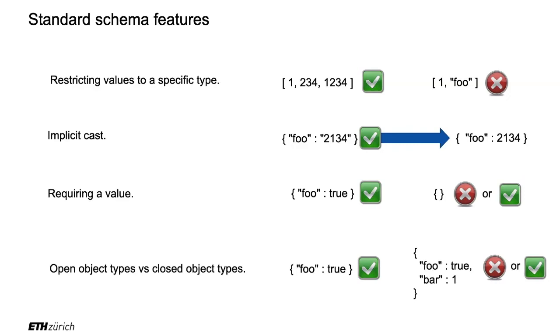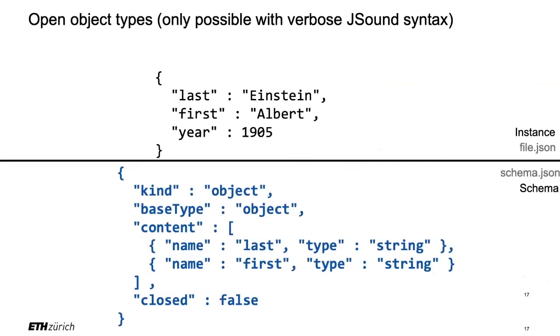You could define a Java class with a Java field kind that is a string, a Java field base type that is a string, a Java field content that is a list of maps, or a list of classes, and then you again have name that is a string and type that is a string, right?